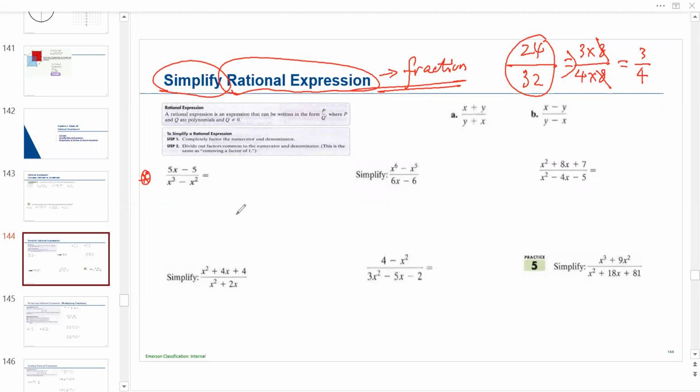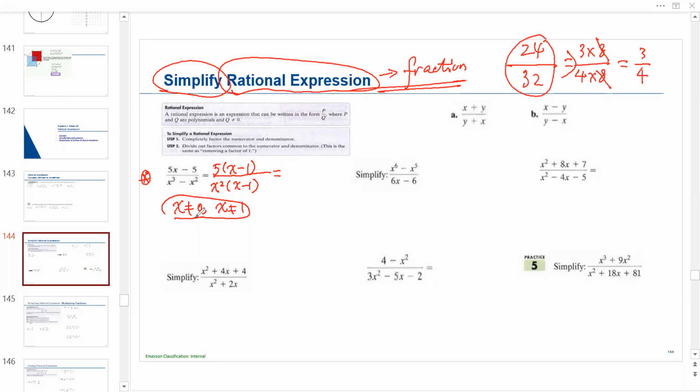First, like this example. You can see this one, the numerator can be factored, right? And the denominator, you can see this is x squared, x minus 1. So you can simplify. X cannot equal 0, and x cannot equal 1.